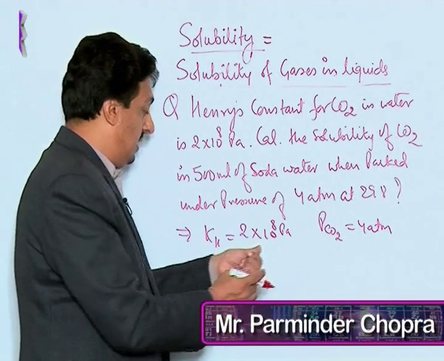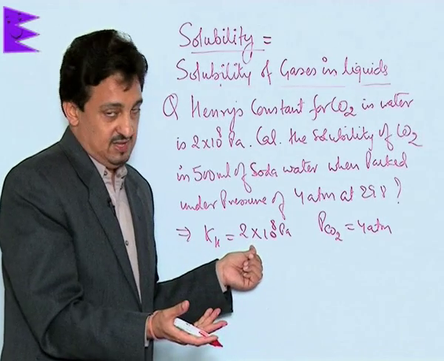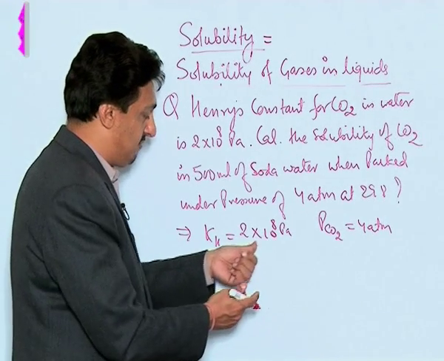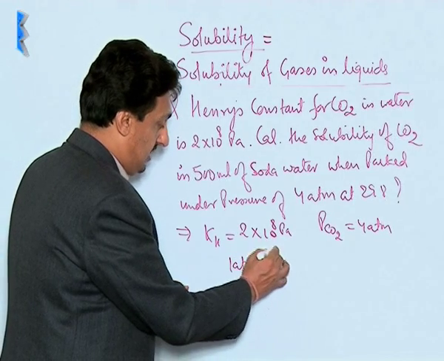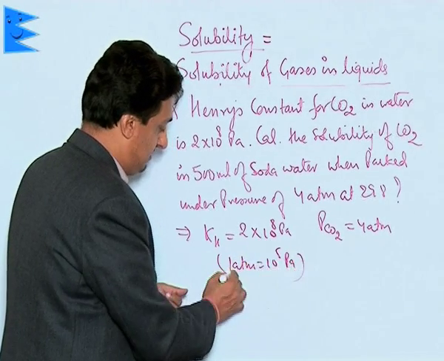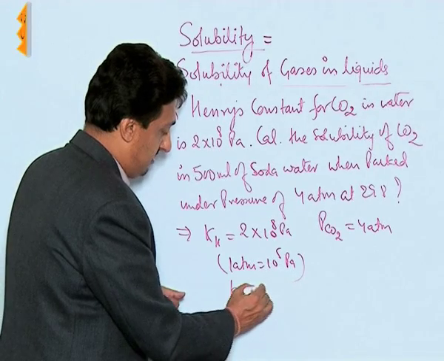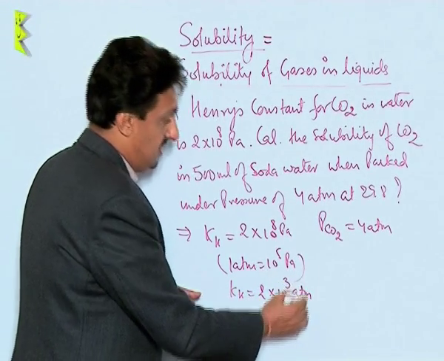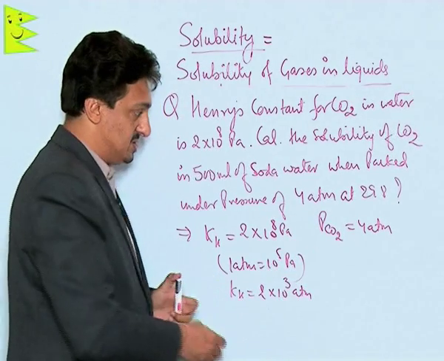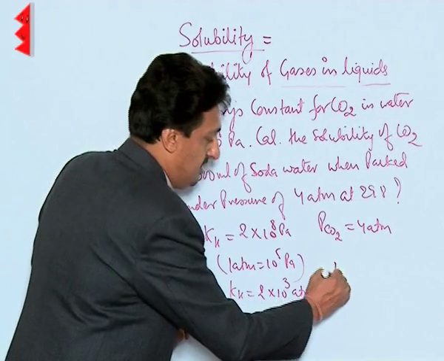Now we can convert this Henry's constant from pascals to atm. We know 1 atm is approximately 10 to the power 5 pascals. So Henry's constant becomes 2 into 10 to the power 3 atm, whereas the partial pressure of the CO2 is 4 atm.